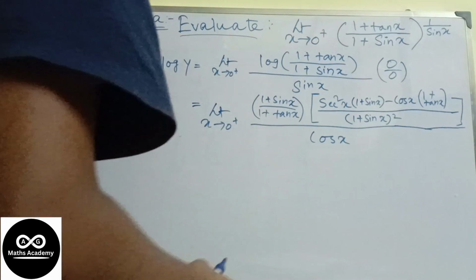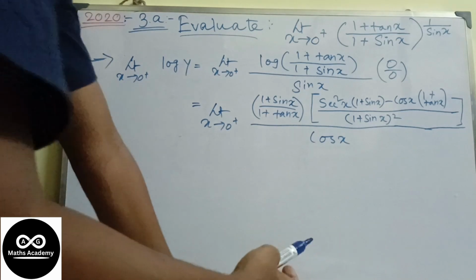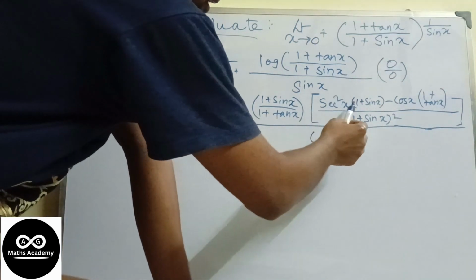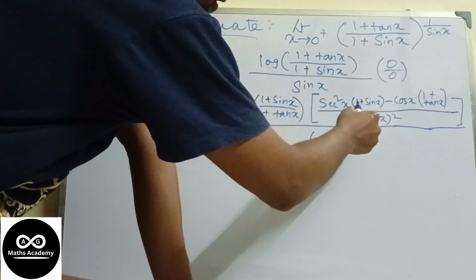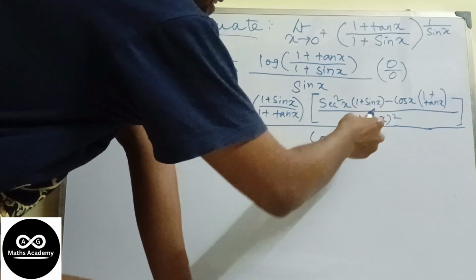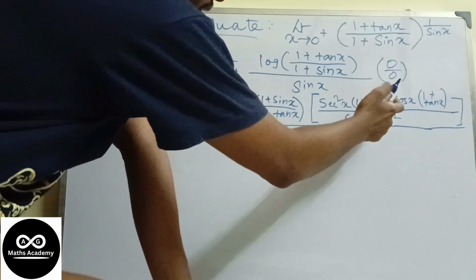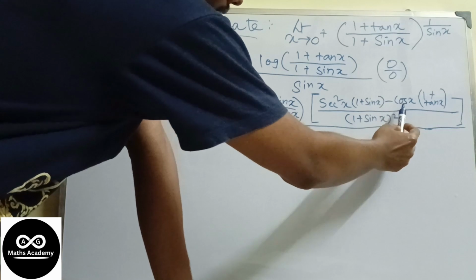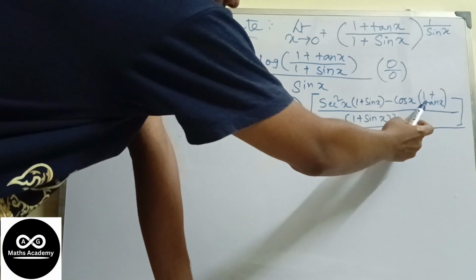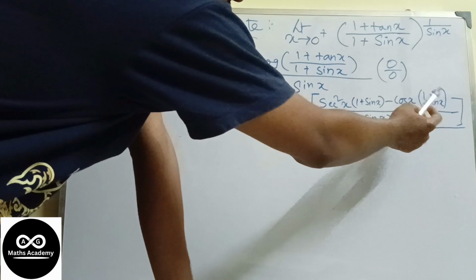Okay. So now sec square x, which is 1 by cos square x, will be 1. So it will be 1 and it will also be 1, and 1 plus sin x, with sin 0 being 0, will be 1. So this part will be 1, and minus cos x will also be 1, and 1 plus tan x will also be 1.